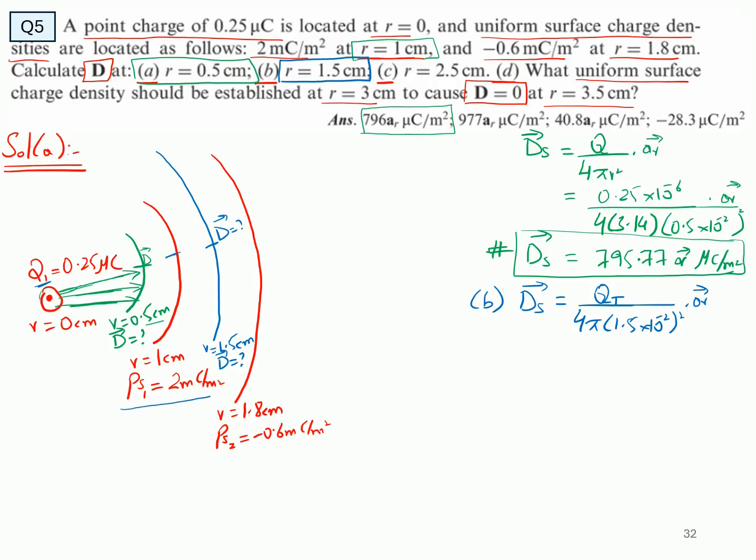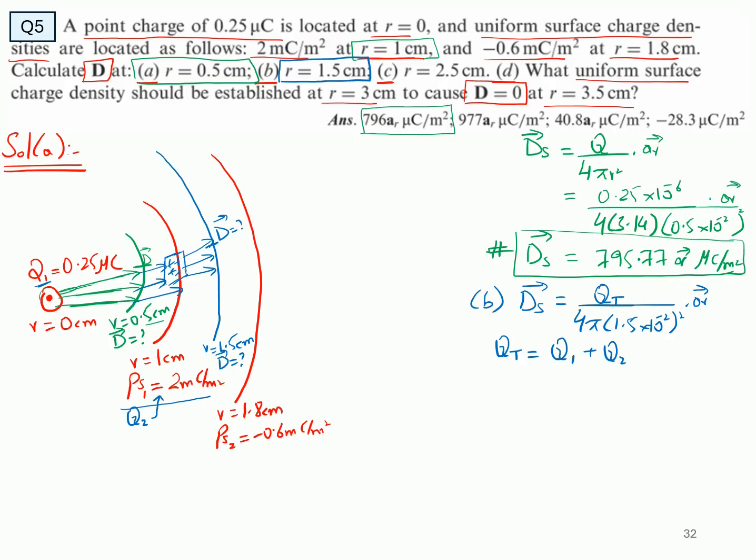So I can say that there is a sheet of charge over here, and its effect is also going to be seen at the radius of 1.5 centimeter along with the Q1 point charge. This means we have to apply the principle of superposition to find the total charge. That will be the sum of the first point charge, Q1, and let me call this Q2, which will be the surface charge. So this is my Q2, which I need to find for this surface charge distribution.